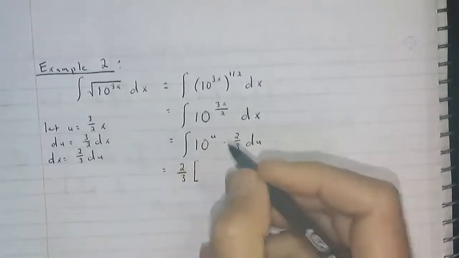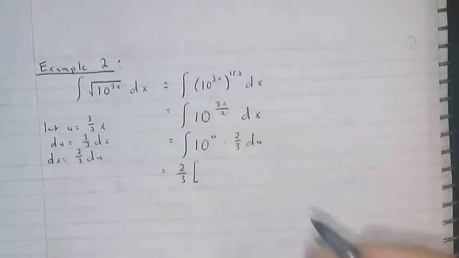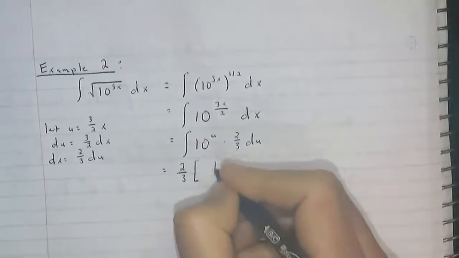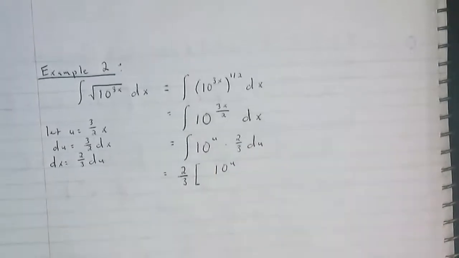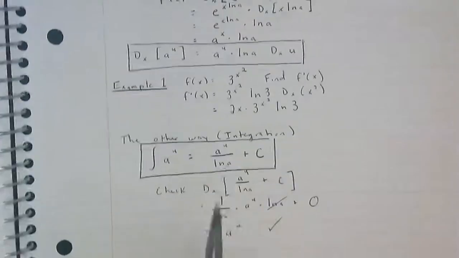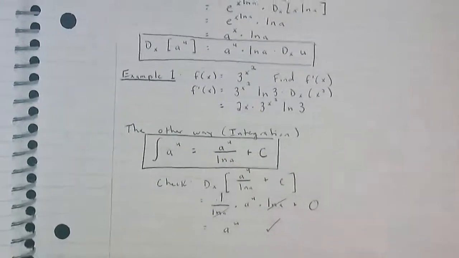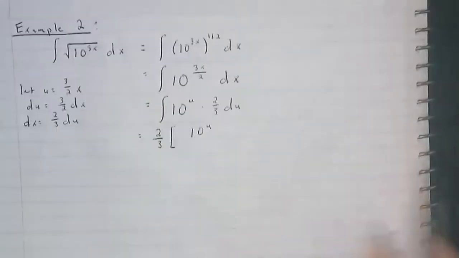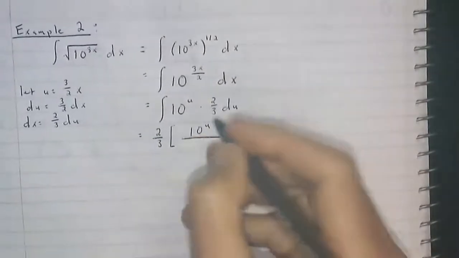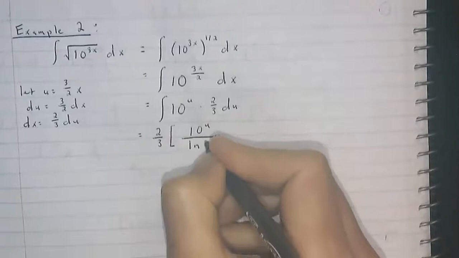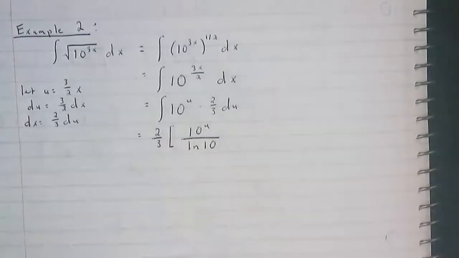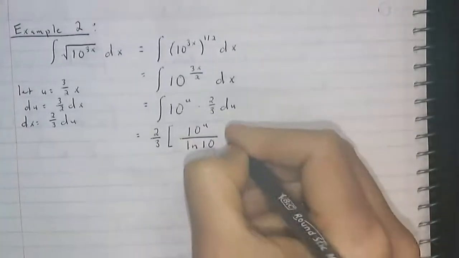The 10 to the u is going to turn into 10 to the u divided by the ln of a, which in this case is 10, plus c.